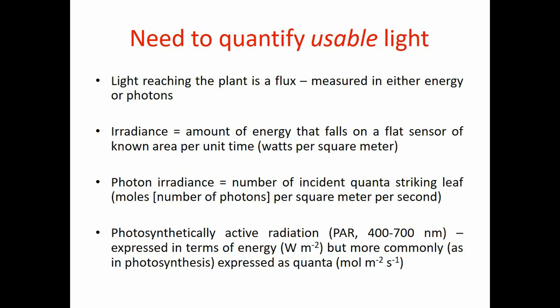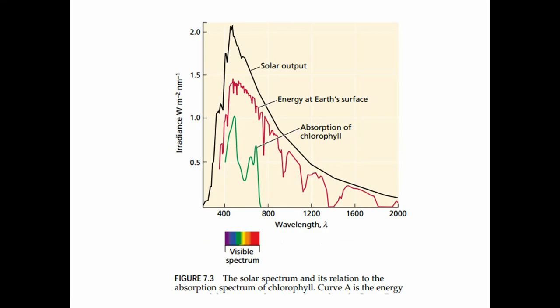So when we're talking about photon irradiance, quanta, quantum yield, we're referring to that usable light and how we would quantify it, how we would make it a number for us as plant physiologists to be able to understand what's happening to the photosynthesis.